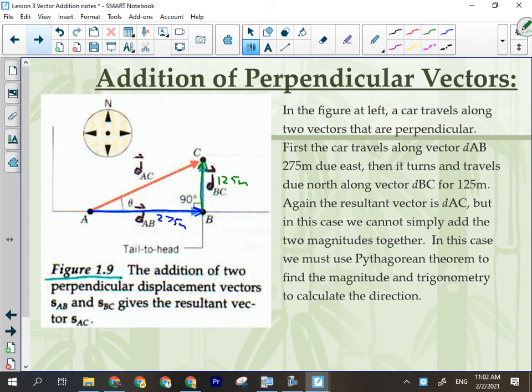Oftentimes people don't really take their time with their diagrams, and when we start getting weird angles and stuff, it's really important that you draw your diagram with scale in mind. You don't have to measure it out and have a perfect scale, but if you've got a 275 meter long line and a 125 meter long line and they look like they're the same length, your diagram is going to lie to you.